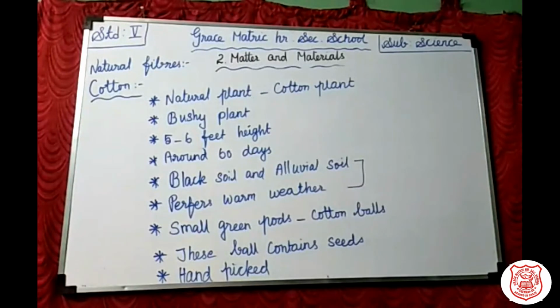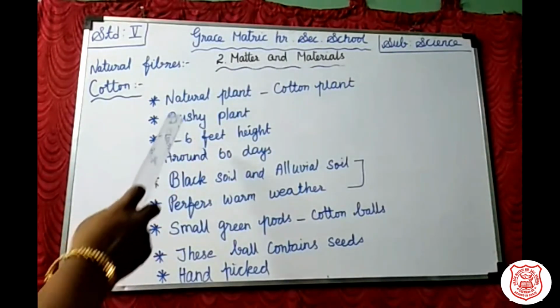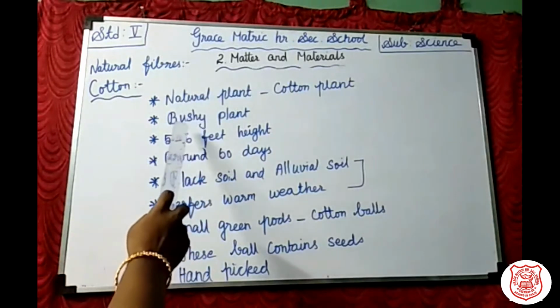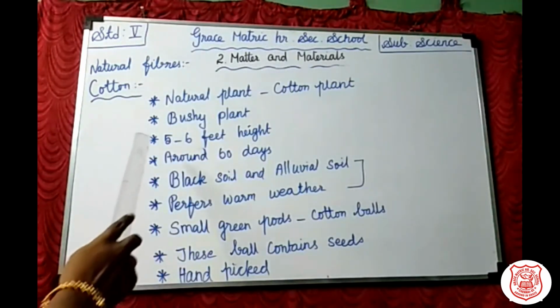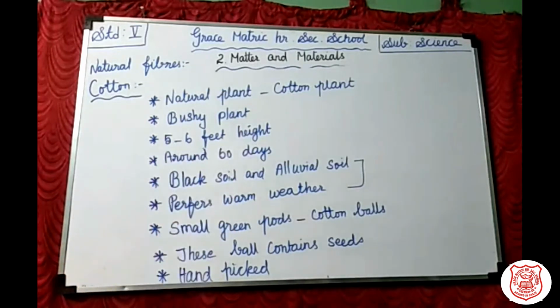We will see about natural fiber. Under natural fiber, first we will see about cotton. Cotton is a natural fiber obtained from the cotton plant. It is a bushy plant, and it grows 5 to 6 feet in height.